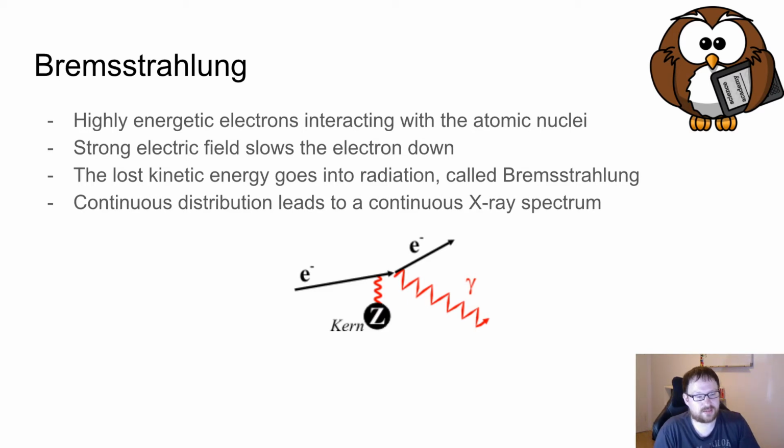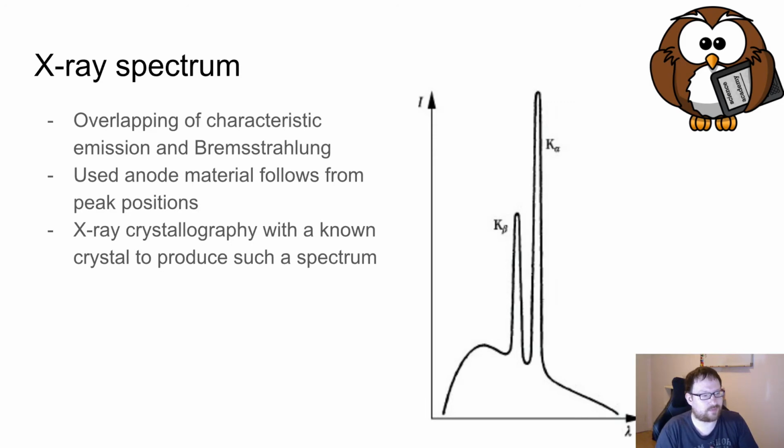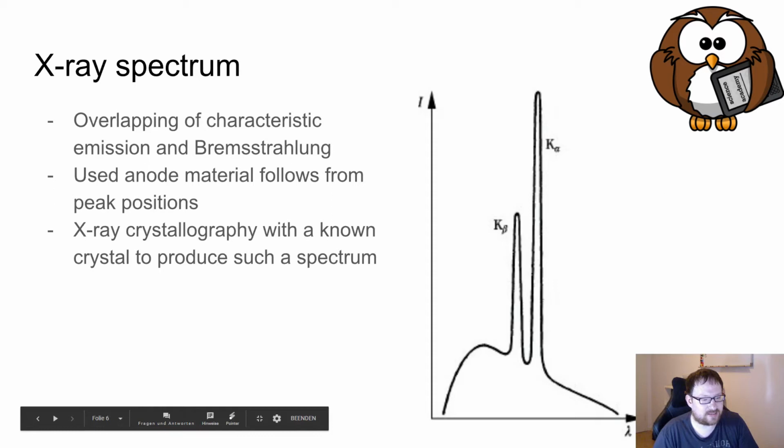If we look at the outcome of both processes, we end up with such a spectrum. Here we don't have the energy on the x-axis, but the wavelength. On the left we have the higher energies, and to the right the energy is going down, right? We see the two peaks, K alpha and K beta. We also note that K beta has a higher energy, as we expect, because it's on the left: on the x-axis, left means shorter wavelength, higher energy.